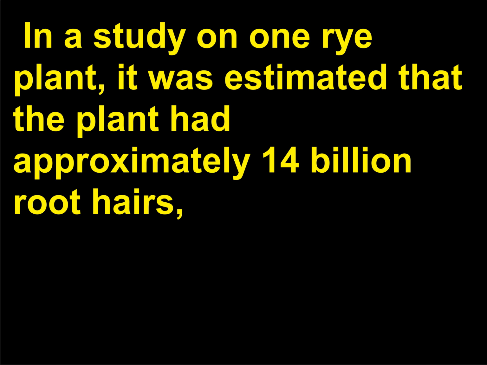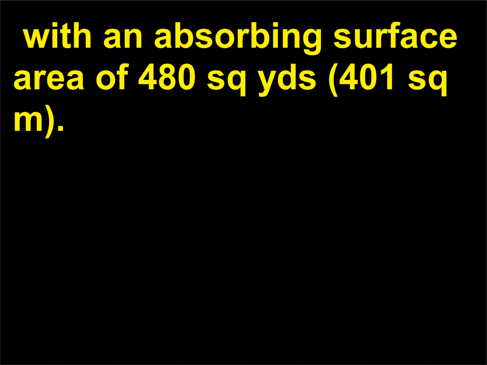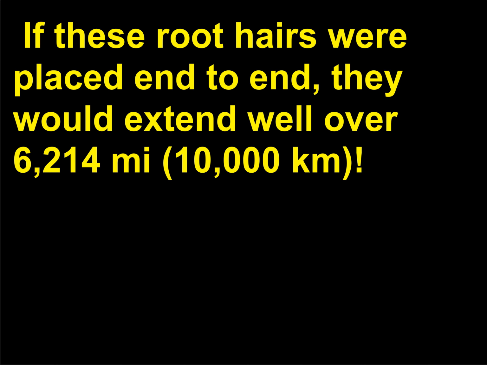In a study on one rye plant, it was estimated that the plant had approximately 14 billion root hairs, with an absorbing surface area of 480 square yards (401 square meters). If these root hairs were placed end to end, they would extend well over 6,214 miles (10,000 kilometers).